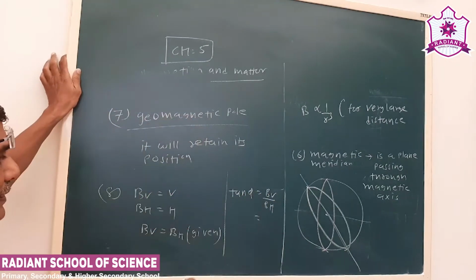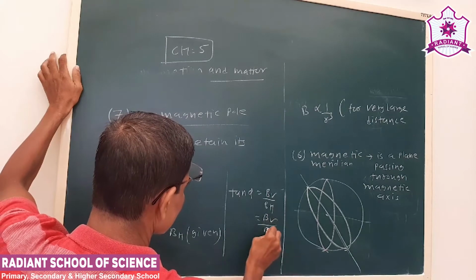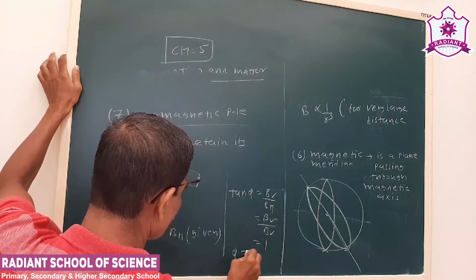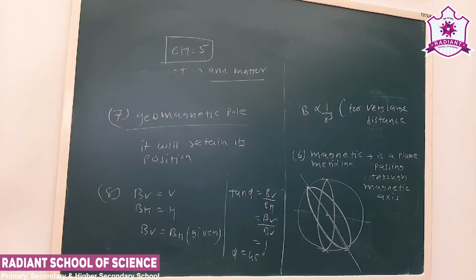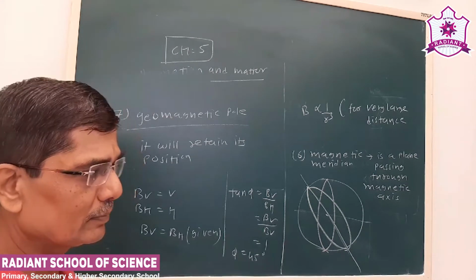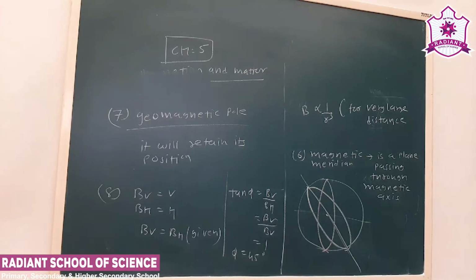Here dB and dh are the same. So phi will be 45. So at a place where the vertical and horizontal components are equal, the angle of dip will be 45.